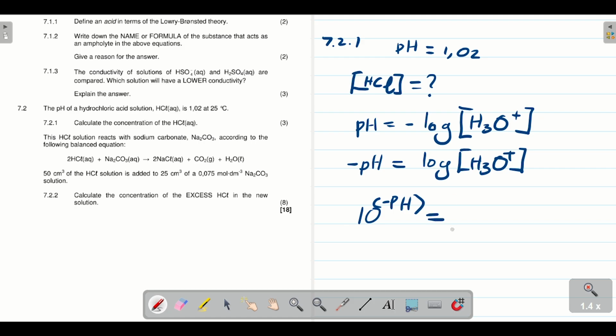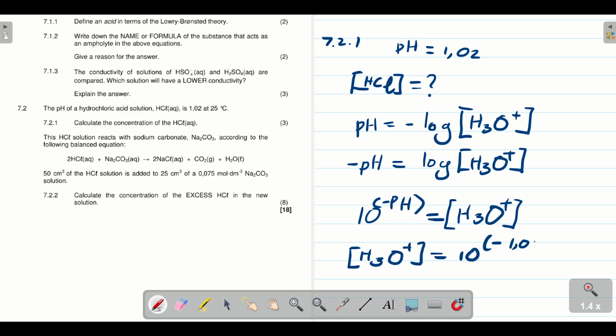If we raise it to the 10, we get rid of the log and we are left with H3O plus, so we'll end up with H3O plus. And therefore, the concentration of H3O plus will be equal to 10 to the power negative 1,02.